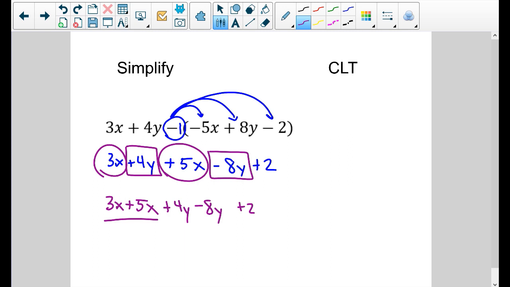Commutative property. Typically we just don't write it out, because it's just more work. So 3 plus 5 is 8x. 4y minus 8y is negative 4y. And then our 2. And then we're simplified. So we will use these, and you have used them already. When we distribute, when we combine like terms, all of that is those properties.